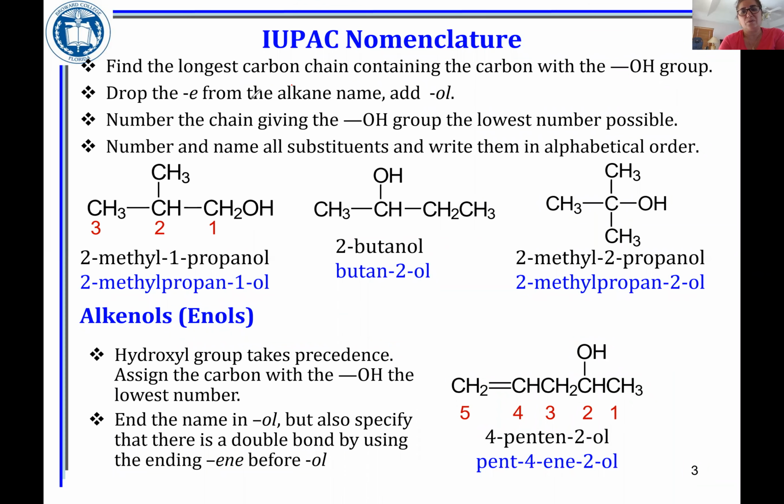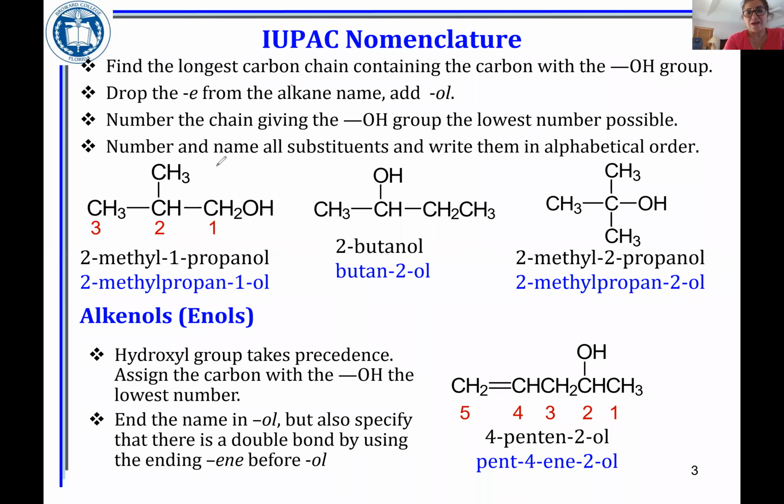It cannot always be 1, but the lowest possible number. If you have a long carbon chain and a shorter carbon chain that takes the OH, then that takes priority. So you must include the high priority functional group in the main carbon chain.